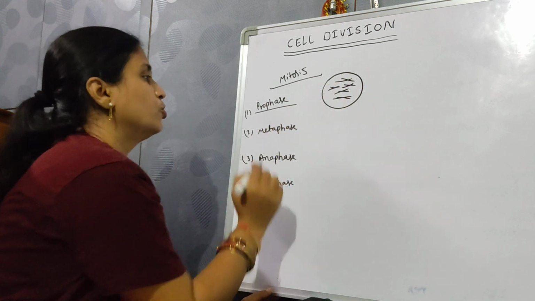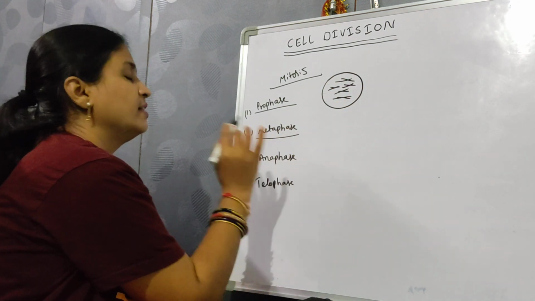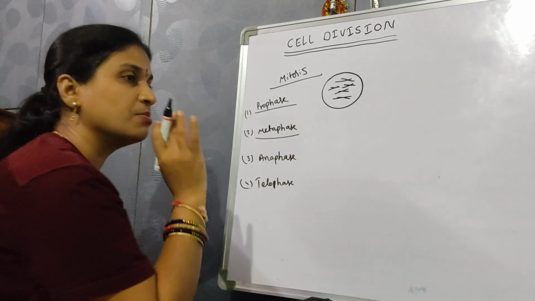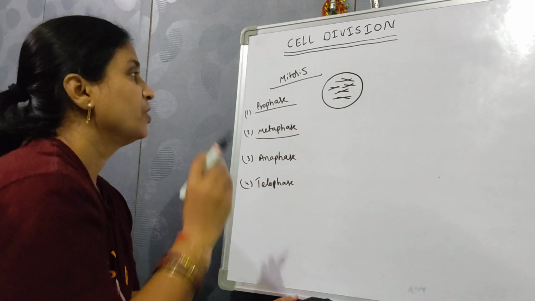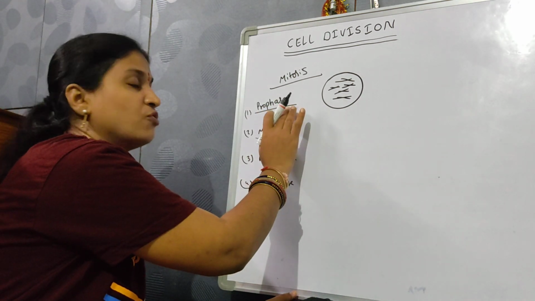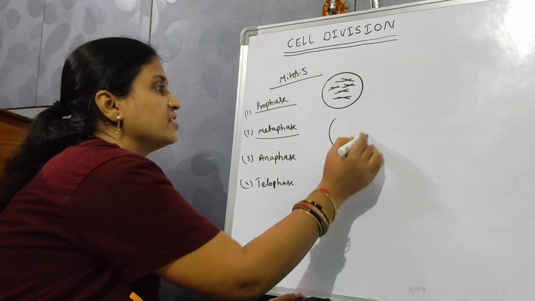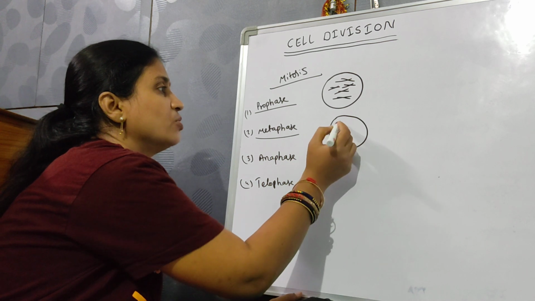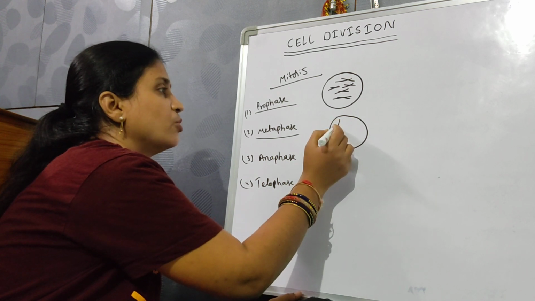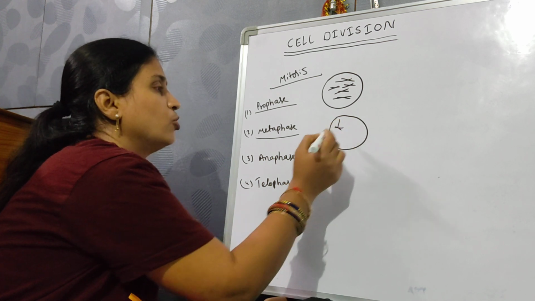Like this, the chromosomes are there. Metaphase. This is the second stage. Meta means middle. So what happens here? The initiation of formation of spindle fibers takes place now. In the metaphase, those spindle fibers are going to attach to that particular chromosomes.